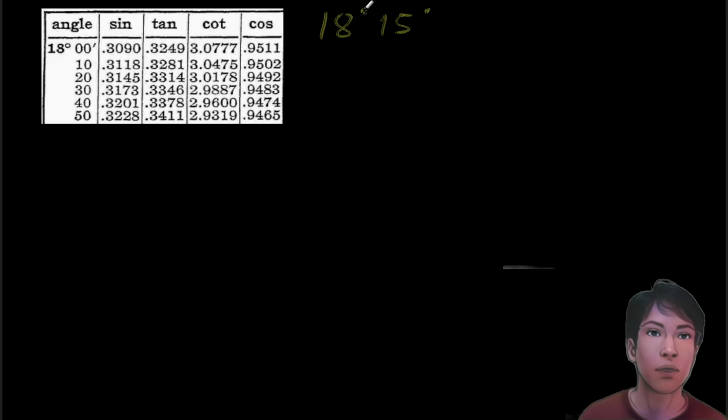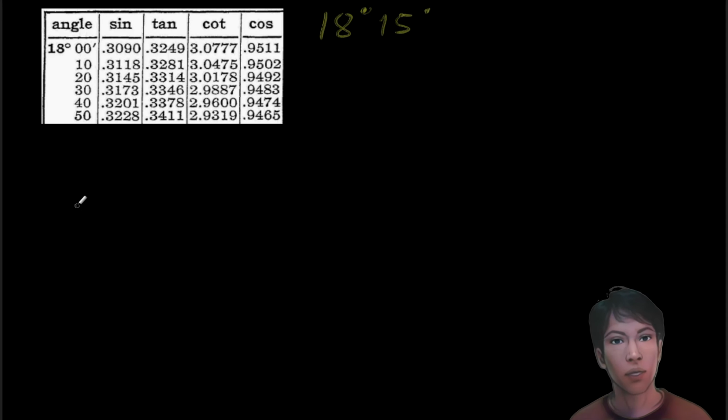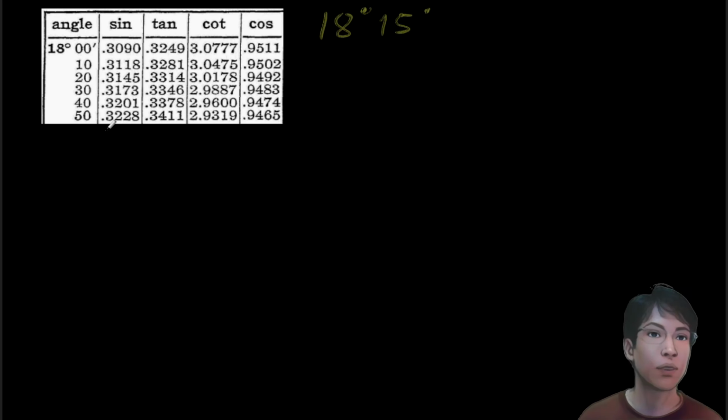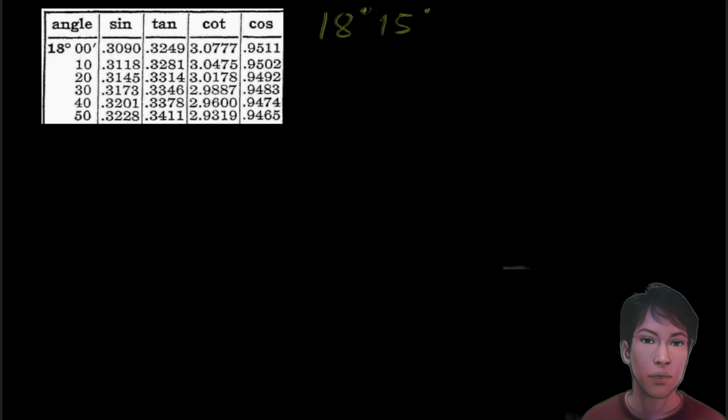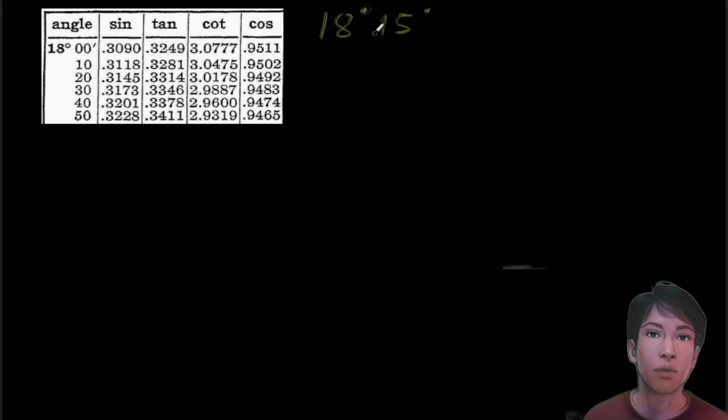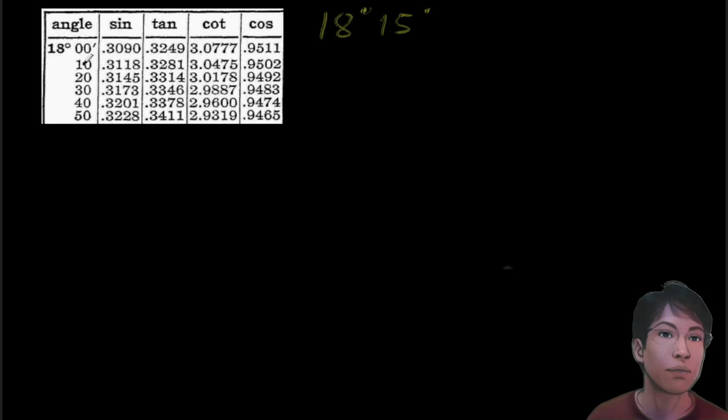Instead I'll be using interpolation to get the approximate value of the sine of this angle. What we do is look for values in between, which will be 18 degrees 10 minutes and 18 degrees 20 minutes. So 18 degrees 15 minutes is in between these two values.